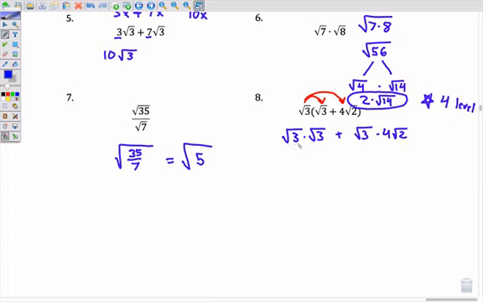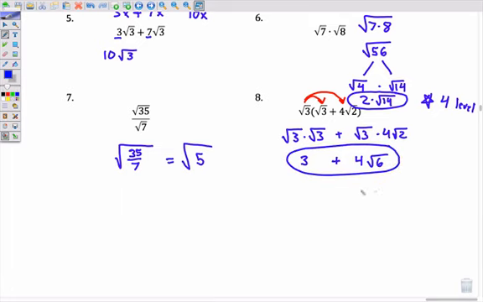A square root of 3 times a square root of 3 is just 3. Plus square root of 3 times square root of 2 is square root of 6. And then the number out in front is just a 4. So this actually becomes our final answer.